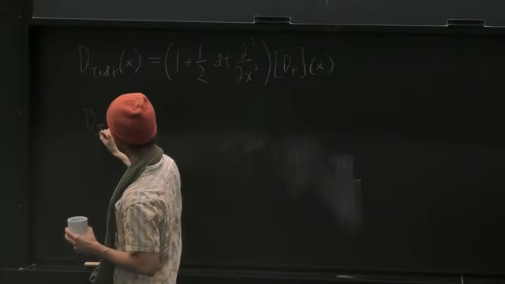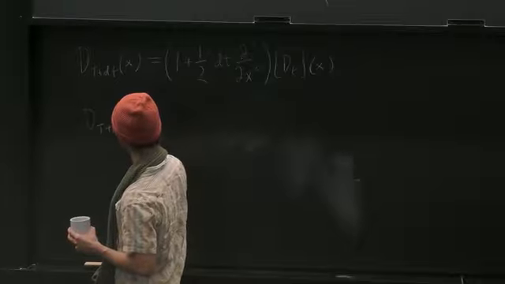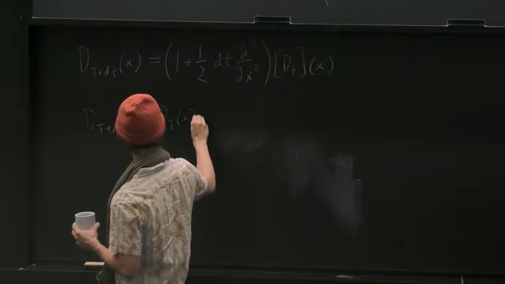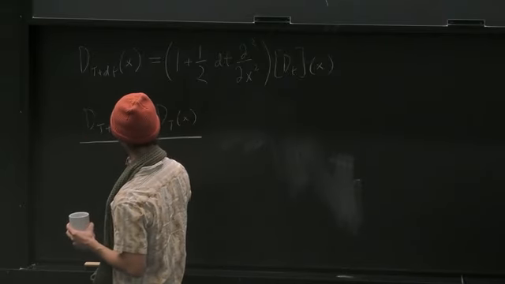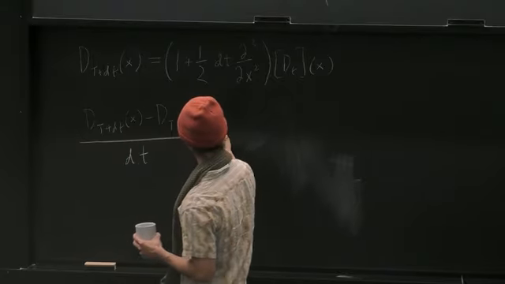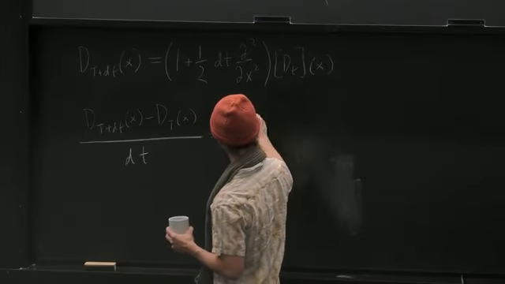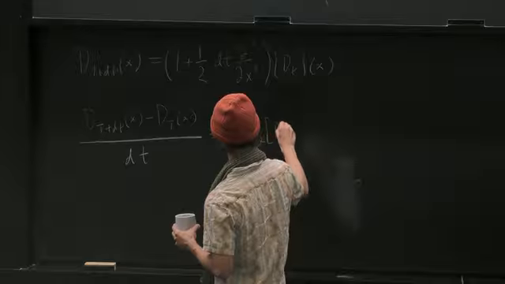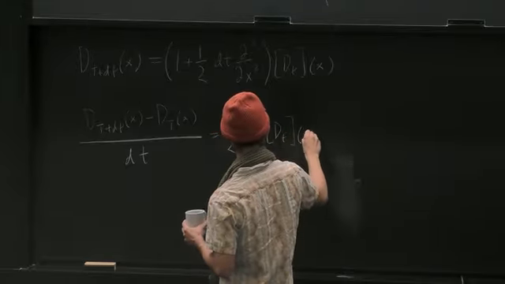So ρ_{t+dt}(x) minus ρ_t(x), divided by dt, is half the Laplacian.